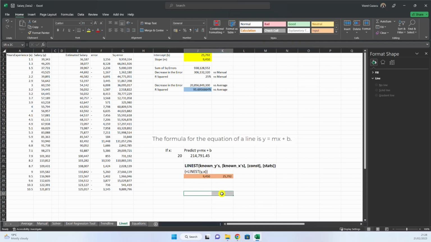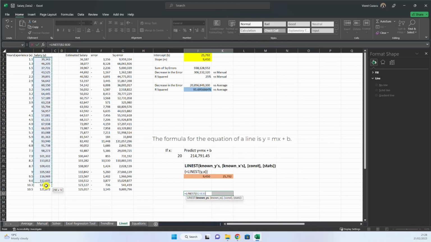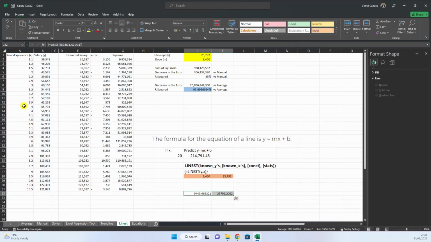We select the cells where we want to put them, and then we write LINEST, known y's here, the known output, known x's, years of experience. And now because it is an array formula, we do not press enter but control shift enter.